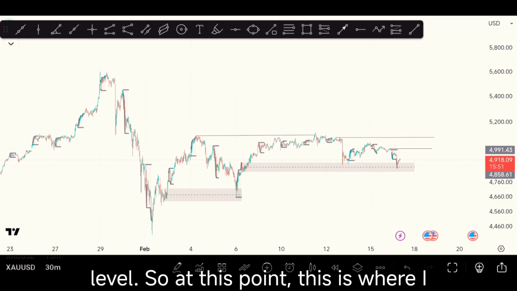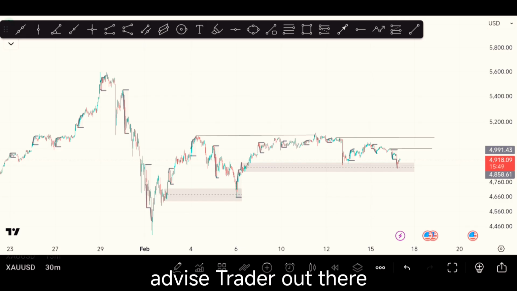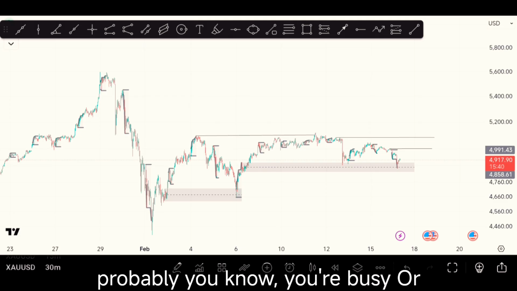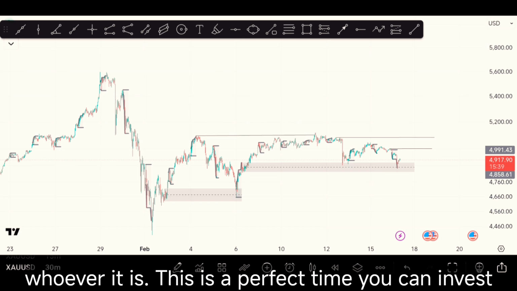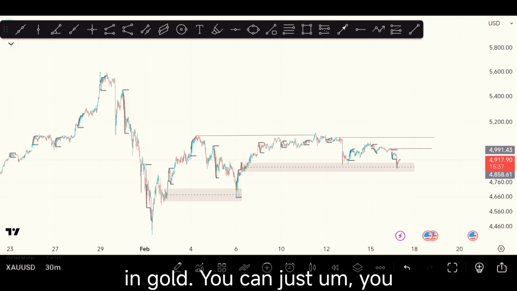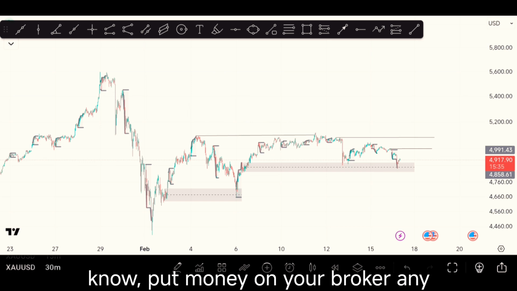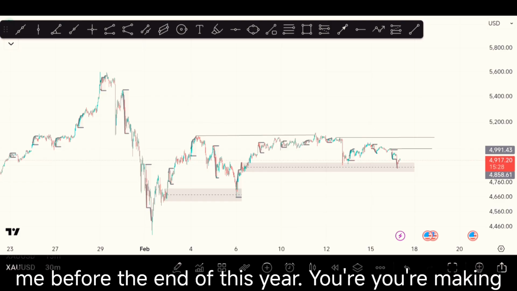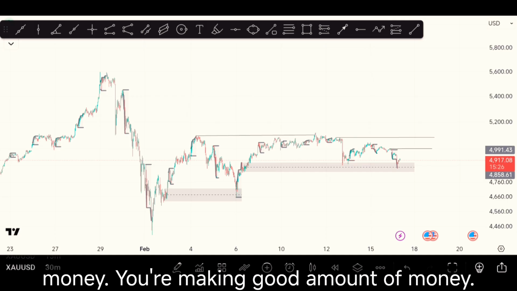So at this point, this is where I advise traders out there to invest. If you're busy with work, whatever it is, this is a perfect time you can invest in gold. You can just put money in your broker, any amount, leave it on the buy, and trust me, before the end of this year, you're making a good amount of money.